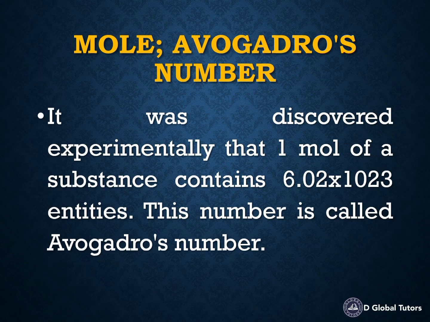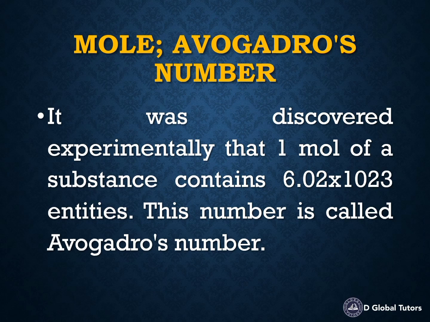Then we have what we call Avogadro's number. What is Avogadro's number? Now, this number was discovered experimentally. And during the experiment, it was discovered that 1 mole of any chemical substance contains 6.02 times 10 raised to the power 23 entities.